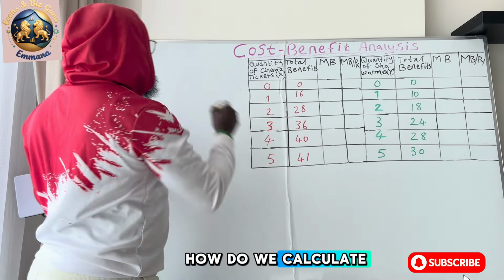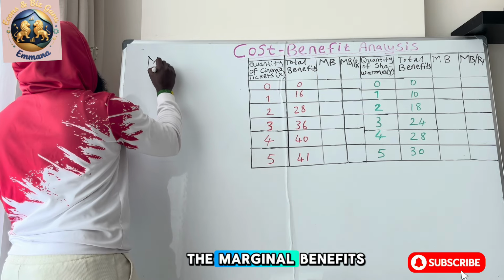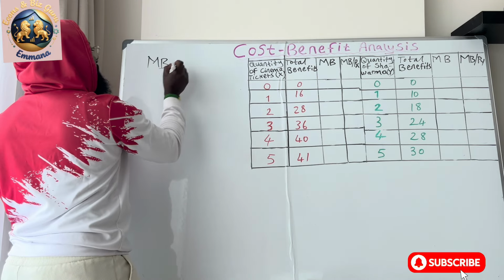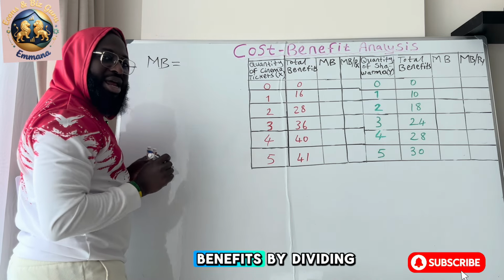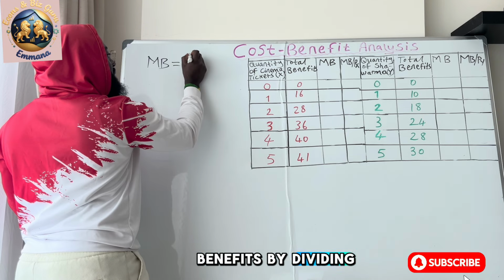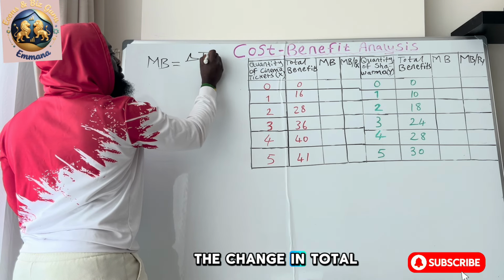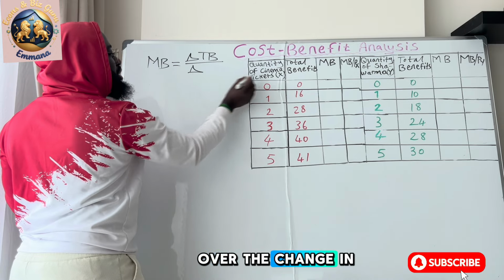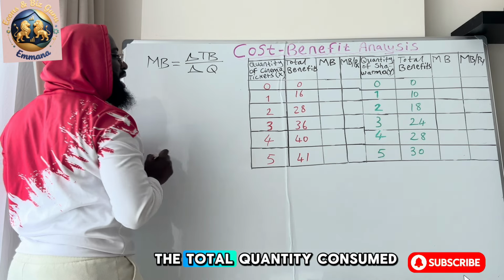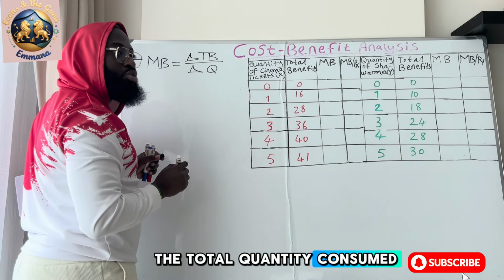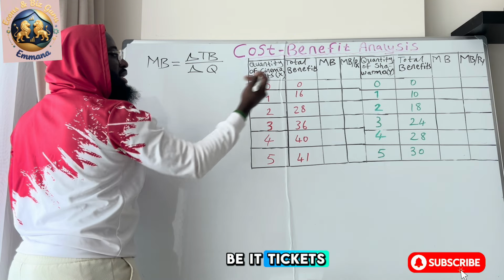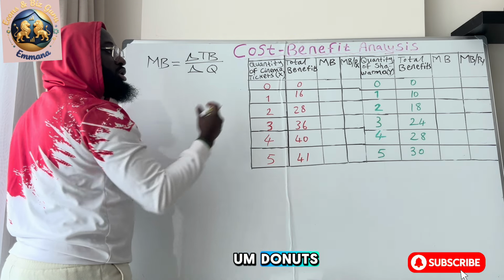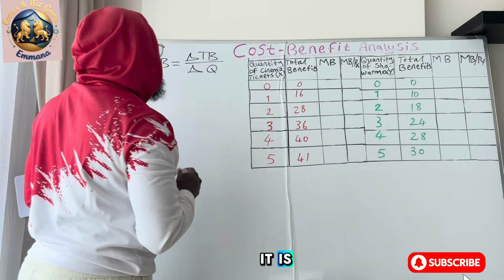How do we calculate the marginal benefit? We calculate the marginal benefit by dividing the change in total benefits over the change in the total quantity consumed, be it tickets, donuts, cups of coffee, whatever it is.